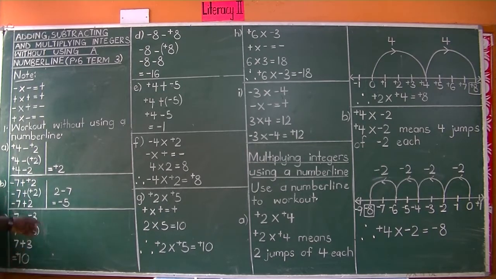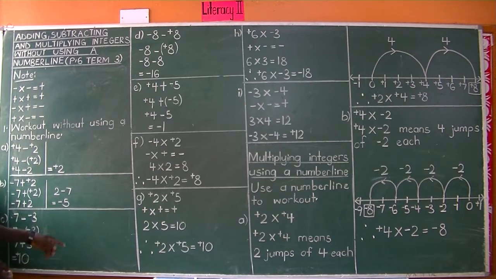As we go to part B, negative 7 plus positive 2. Still put positive 2 in brackets and say a positive and a positive, they are the same signs, they produce a positive. So I've got negative 7 plus 2. You must note that negative 7 plus 2 is the same as 2 minus 7. So 2 take away 7.